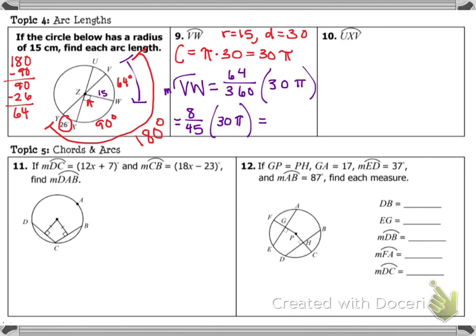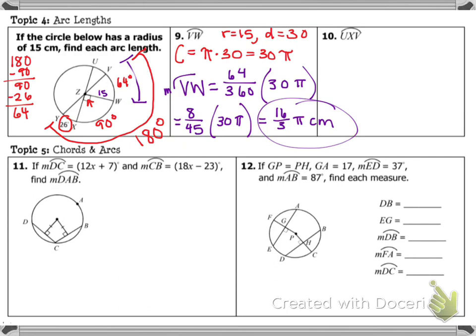So I could say 5.33333 pi. I do not like to live my life like that. 5 1/3, that's 16/3 pi if you reduce it. So that is the length of the arc, as long as I put centimeters on there because we label our answers.